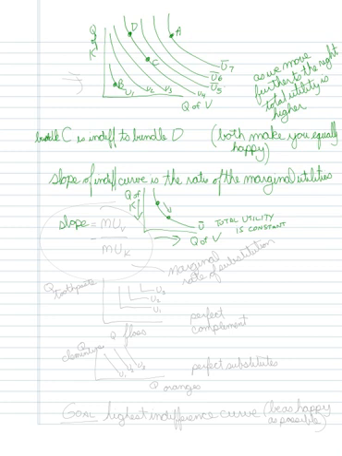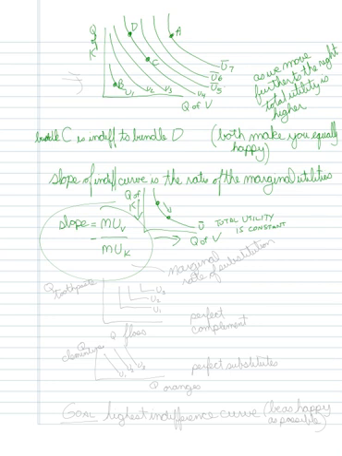The slope equals the marginal utility that's coming from vitamins over the marginal utility that's coming from keyboards. And it's negative because it's downward sloping. Now, another way to write this out would be it's the marginal utility of the good on the x-axis over the marginal utility of the good on the y-axis.